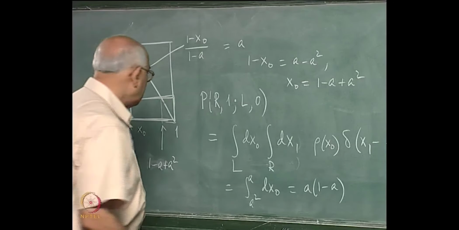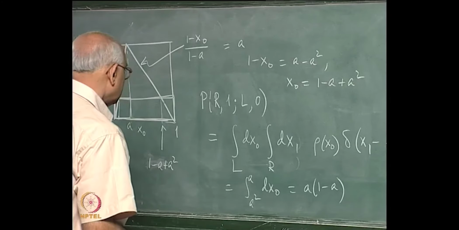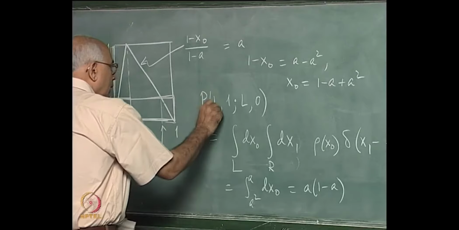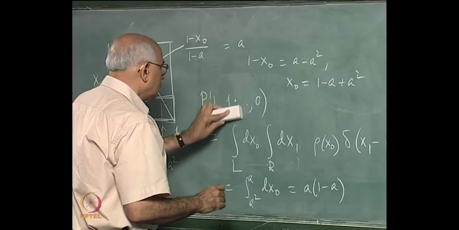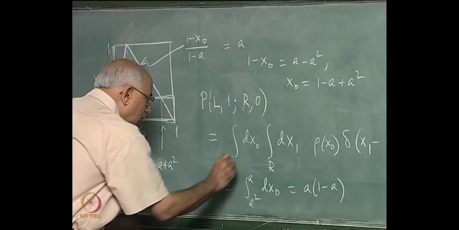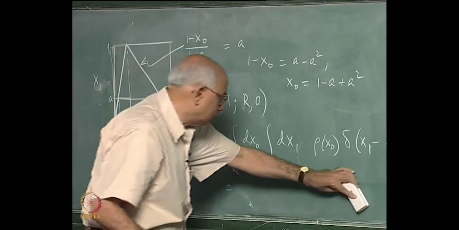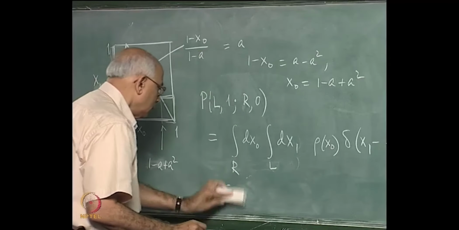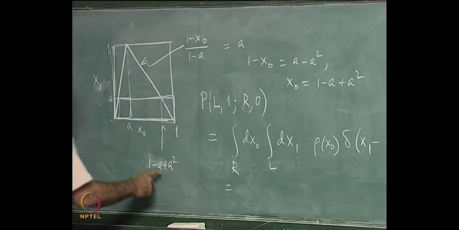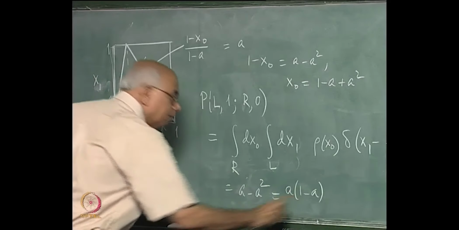Therefore, if I integrate, we are now doing L1 and R0. So this is over R, this is over L, and that integral is this interval, and it is 1 minus this guy, so it is a minus a squared, which is a times 1 minus a.